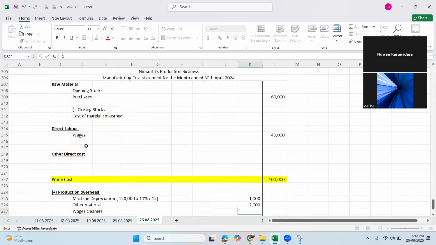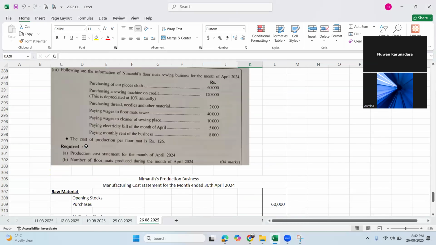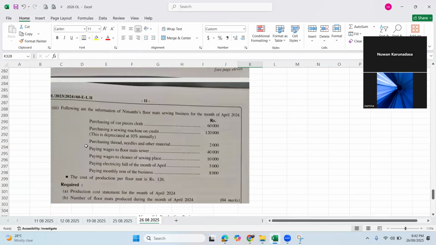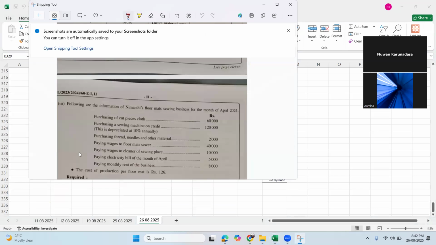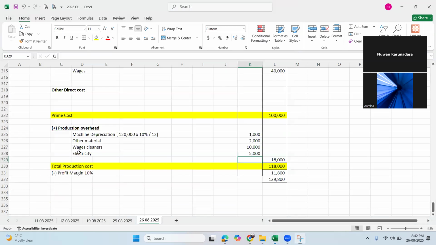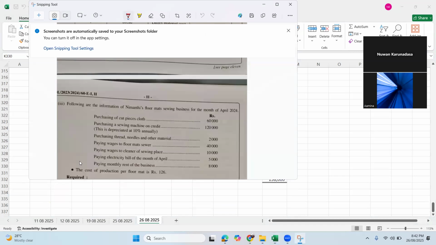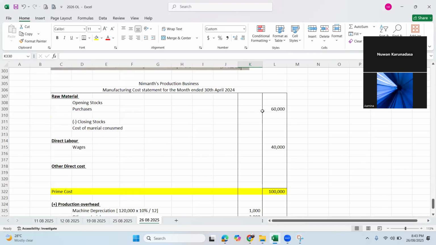Cleaner 10,000. Then paying electricity bill for the month of April, electricity 5,000. Paying monthly rent of the business 8,000. Rent. Monthly rent 8,000. So we have taken everything.